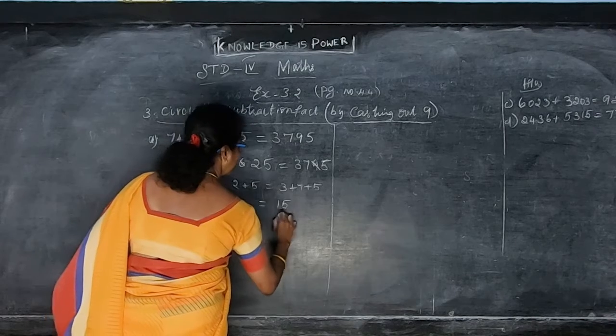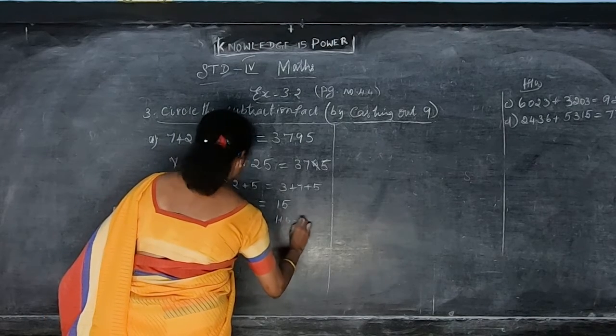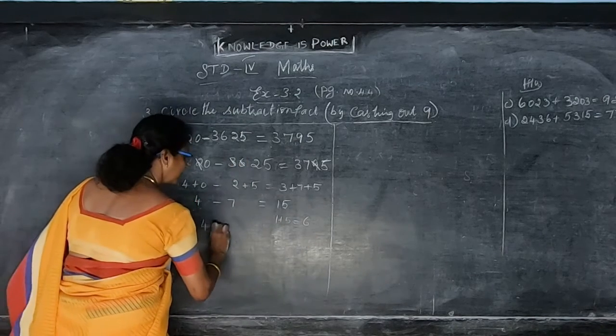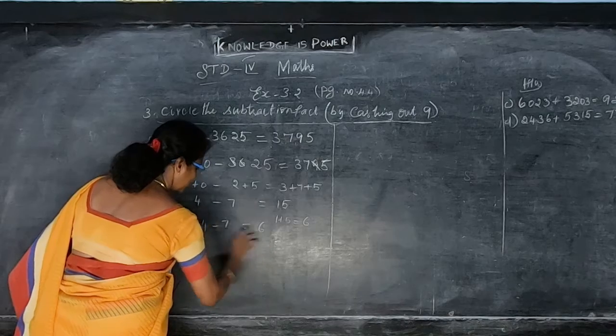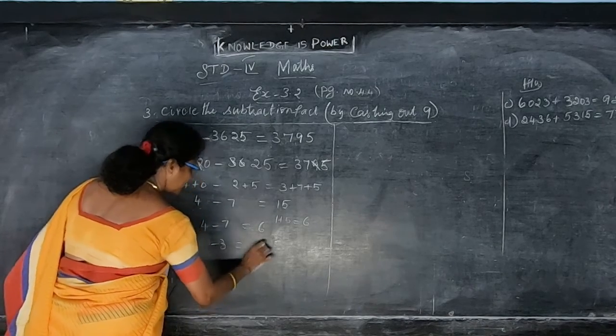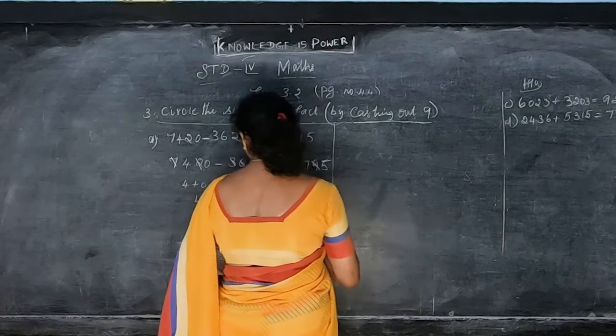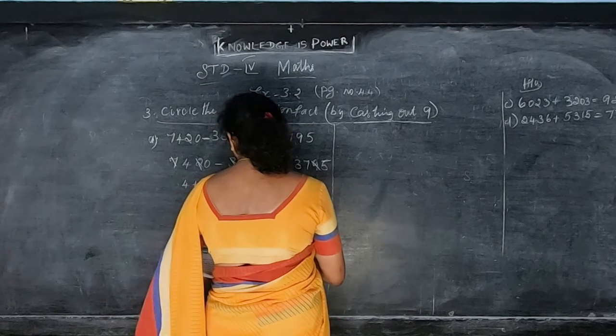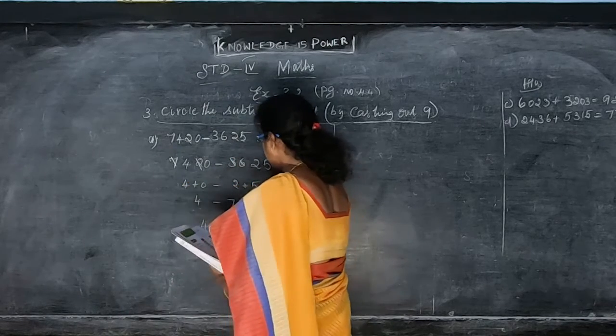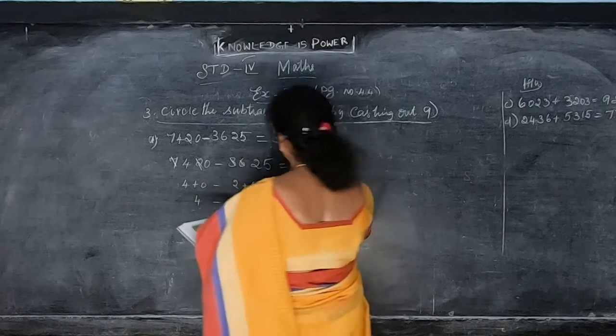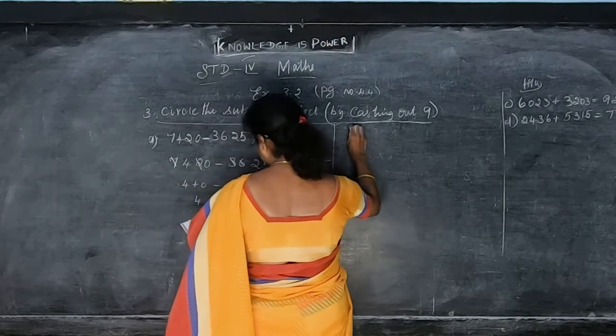This 1 plus 5 is 6. So that is 3 is equal to 6. So this is not the correct subtraction. Here it comes 3, here 6. So this is not a correct subtraction.